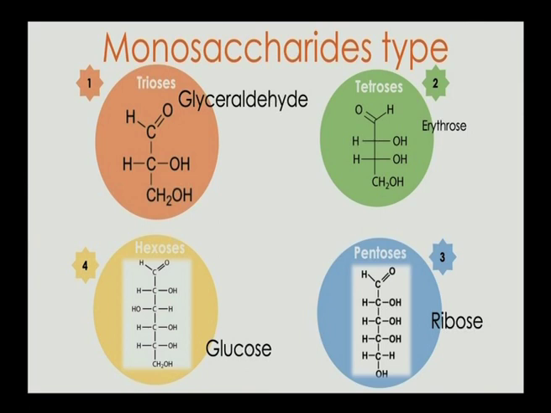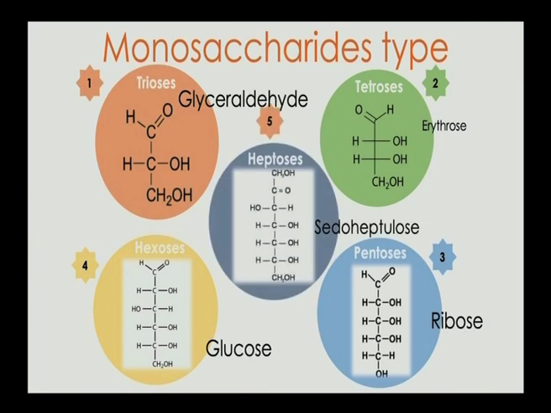Hexoses like glucose are the everyday carbohydrates that we come across. We even include them in our diet or drinks. If you look at the number of carbon atoms in the hexoses, you would find 6 carbon atoms in the hydrocarbon chain. The example is glucose.